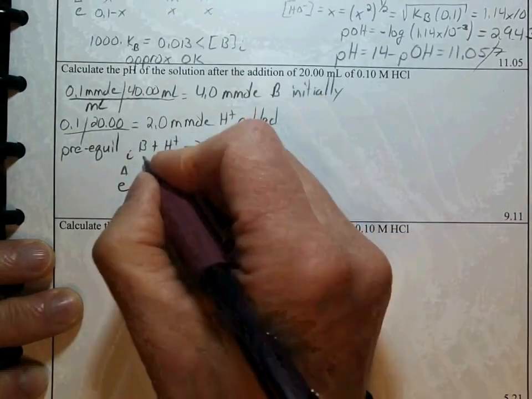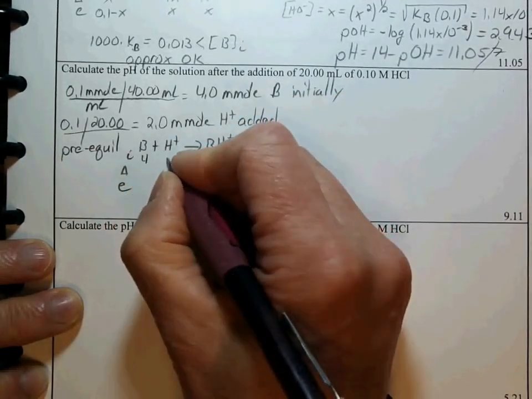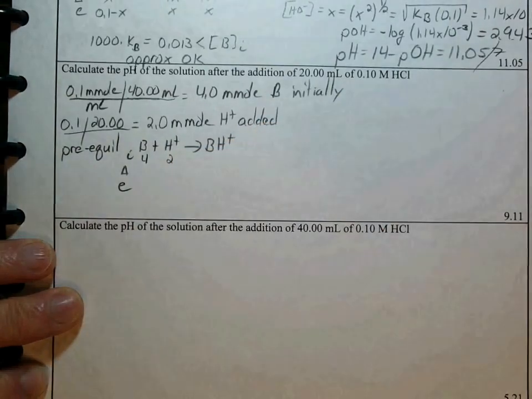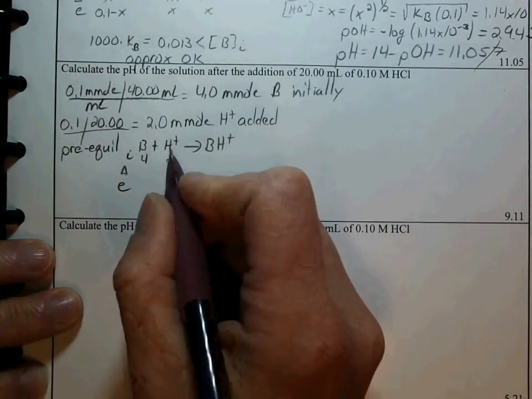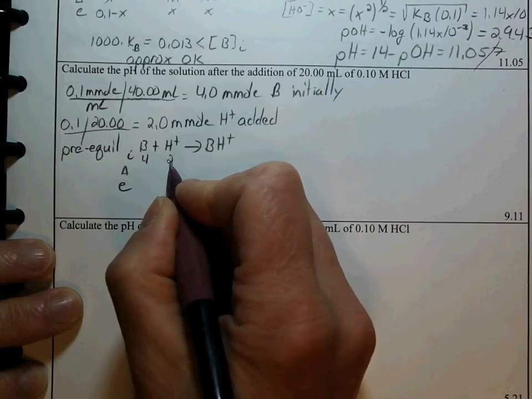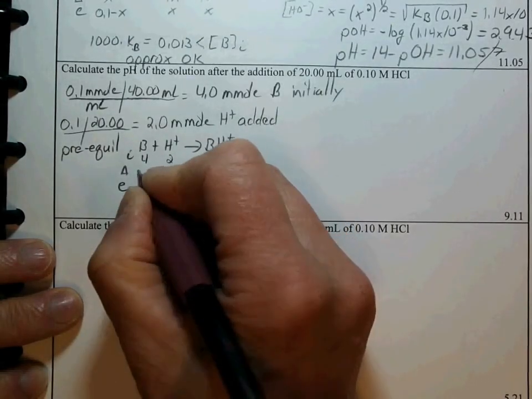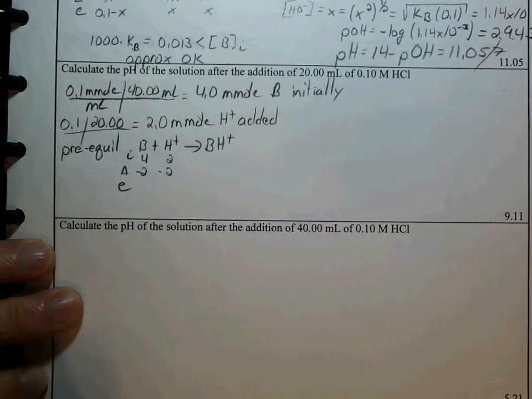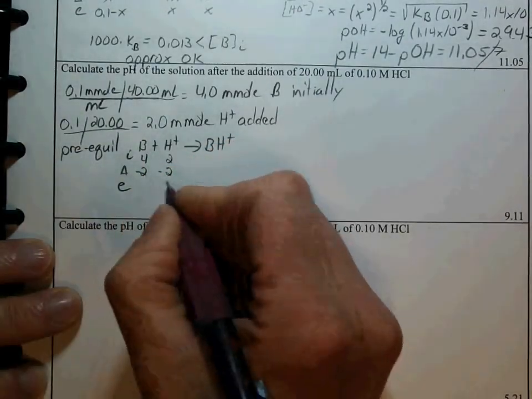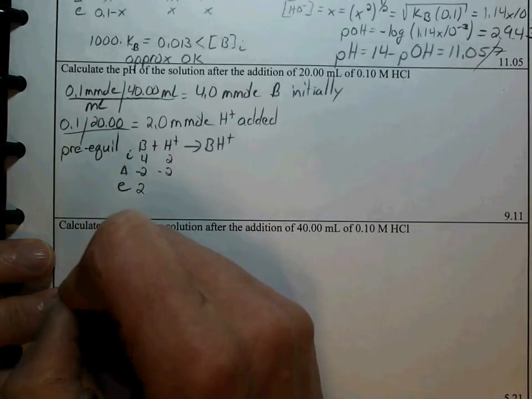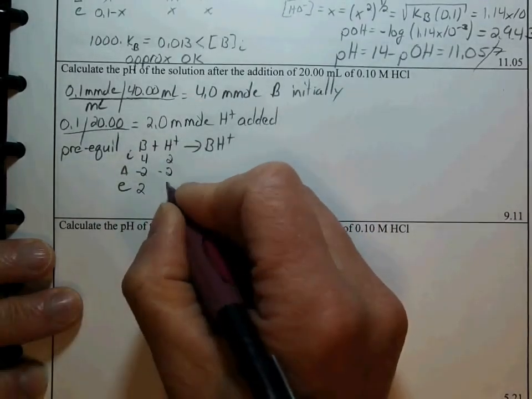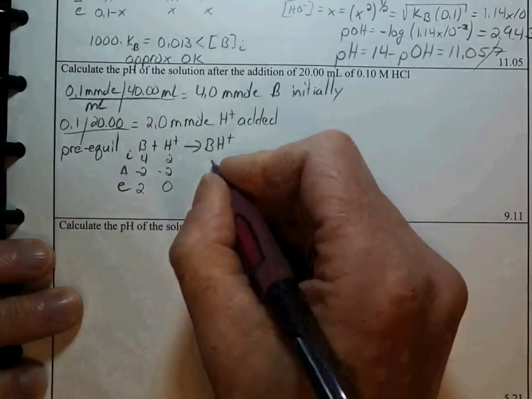Initially we have 4 millimoles and we're adding 2 millimoles of our strong acid. All of our strong acid is going to react and consume 2 millimoles of our base. So now we have 2 millimoles of our base. We don't have any strong acid.